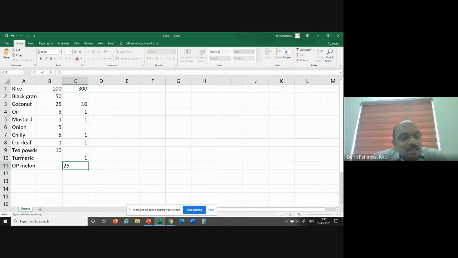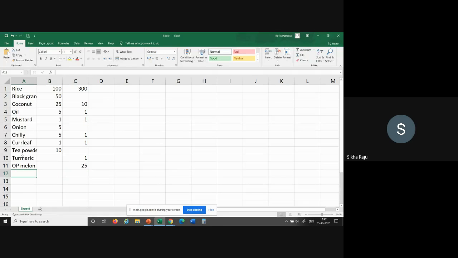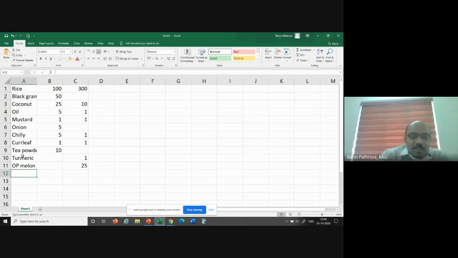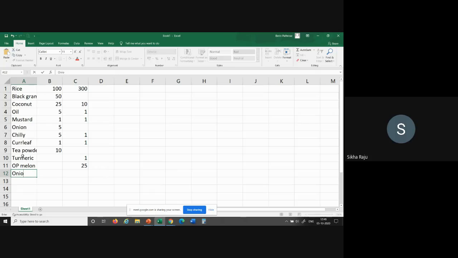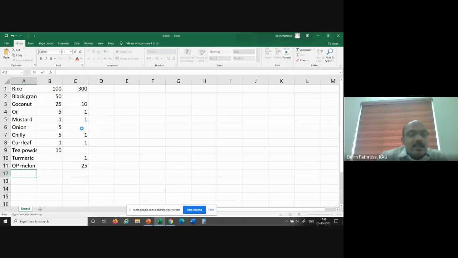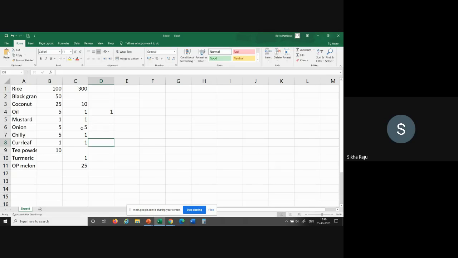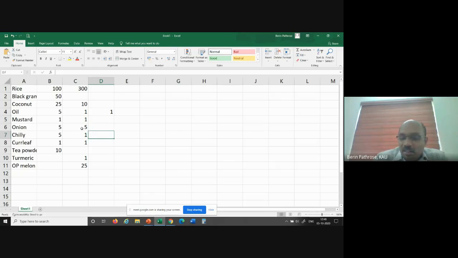Okay. Then what is there for others? And then omelette. I will avoid egg because we don't use pesticides on poultry, so I will avoid egg. Anyway, you might have used onion. Oh yes, I will add onion over here. Again 5 gram. Oil again 1 ml. Chili 1.